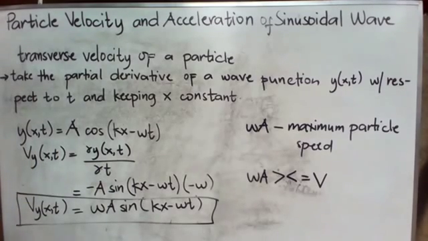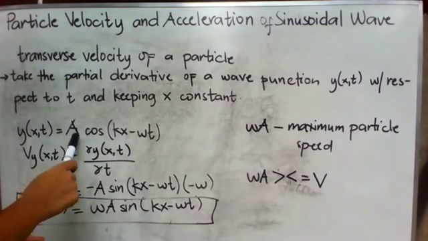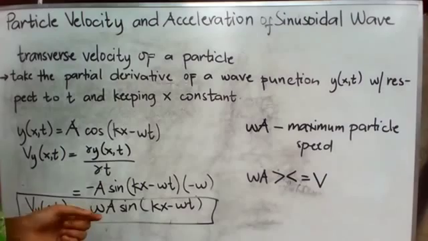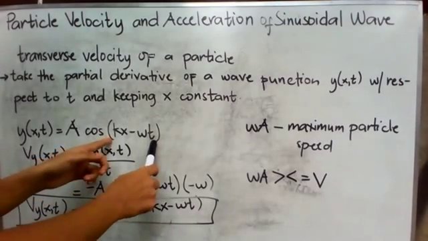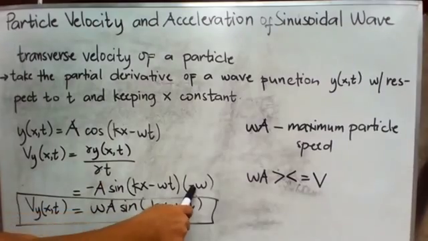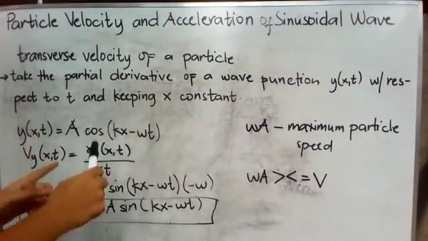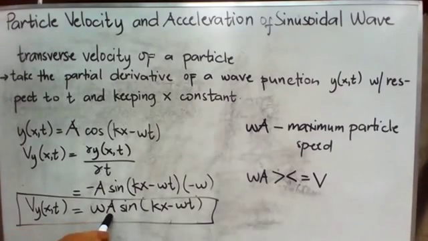So let's get the partial derivative. Since we're going to get the velocity of the particle, which is moving along the y axis, we have vy(x,t) equal to the partial derivative of y(x,t) with respect to time. The derivative of cosine gives a negative sign, so copy the constant A and kx − ωt, and then the derivative of this with respect to time is negative ω.